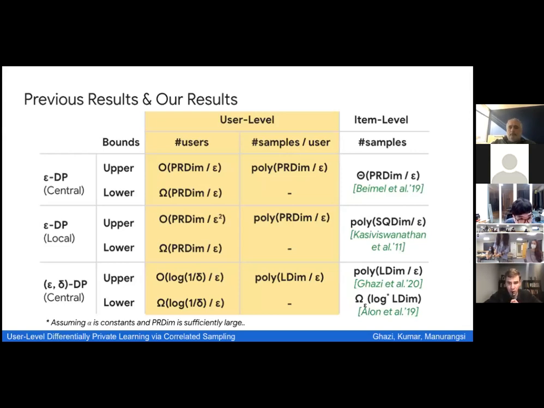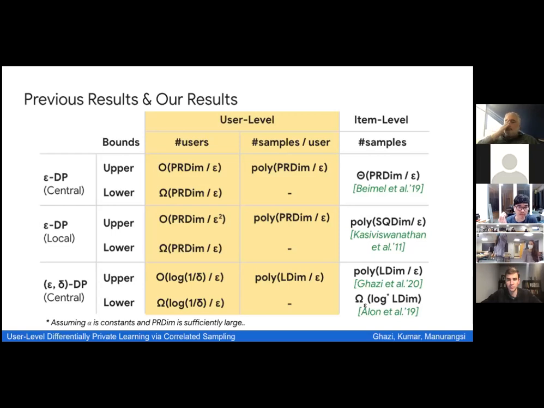The definition of what? Of the SQ dimension, yeah. Oh, the SQ dimension. Roughly speaking, it is the number of statistical queries that you need to learn the concept class.